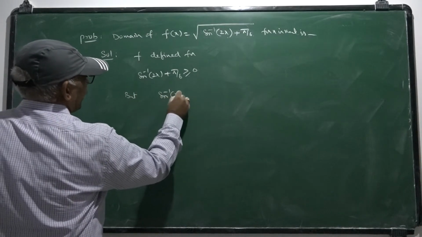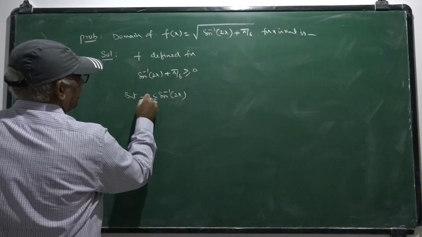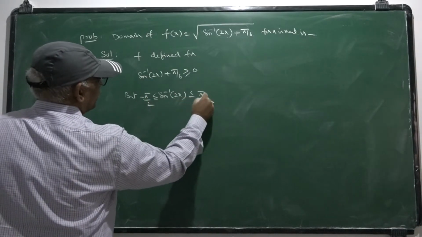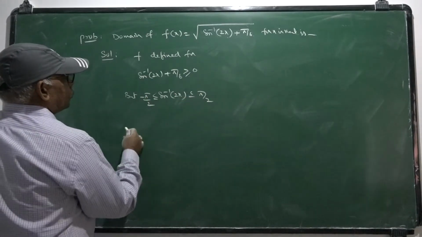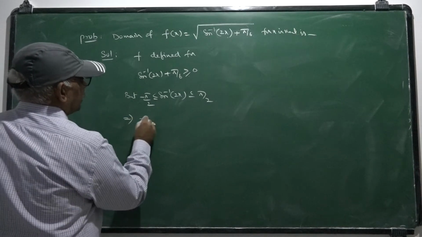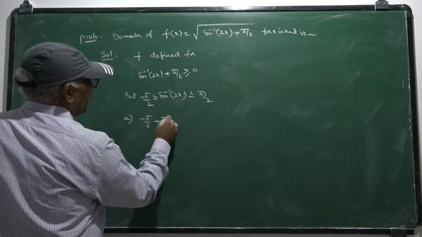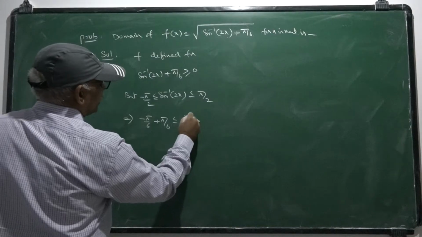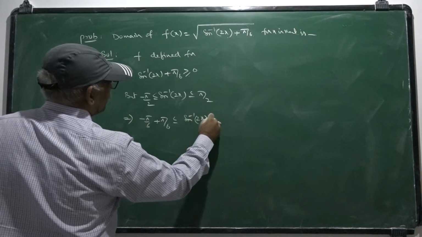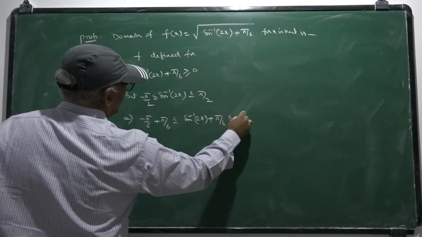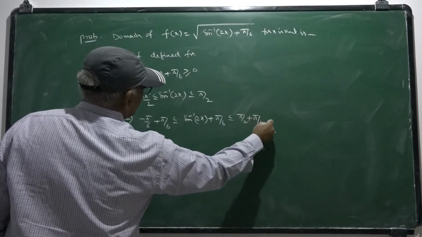But sin inverse of 2x lies between minus pi by 2 to pi by 2. That implies minus pi by 2 plus pi by 6 is less than or equal to sin inverse of 2x plus pi by 6, which is less than or equal to pi by 2 plus pi by 6 only.